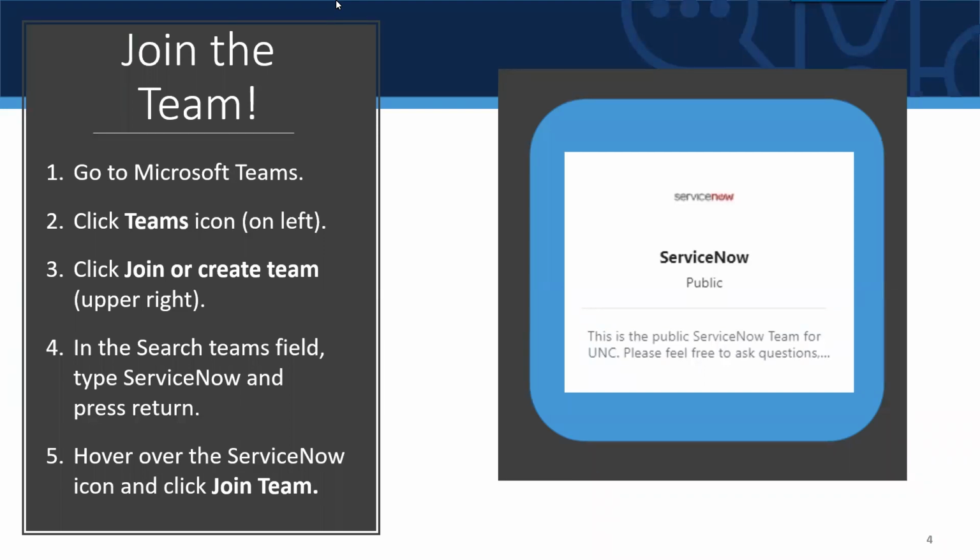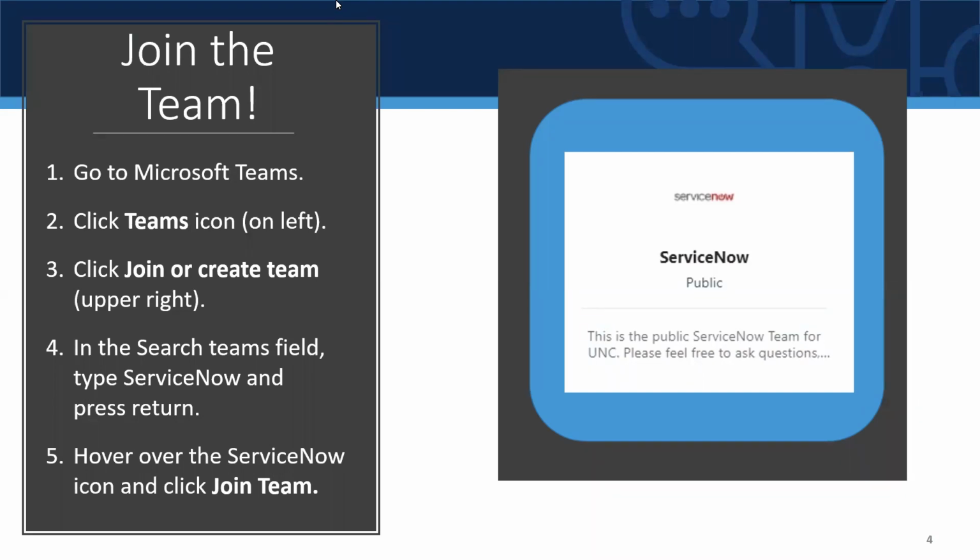Before we get into the details, I do want to mention again that the ServiceNow public Teams site is still up and running and has lots of good information, and is available for you to post questions and share information with each other about how you're using ServiceNow. To join the team, if you're not a member already, go to Microsoft Teams, click the Teams icon on the left, and then click Join or Create Team, up in the upper right.